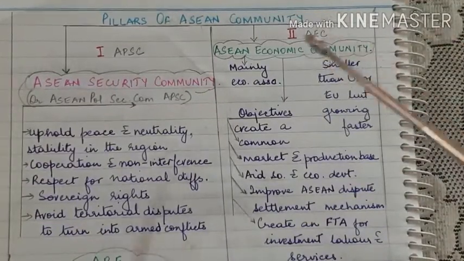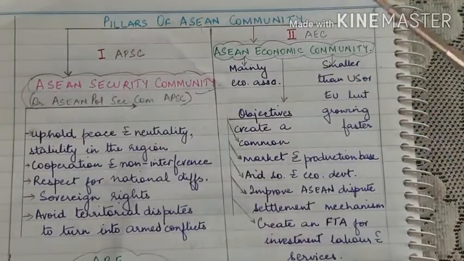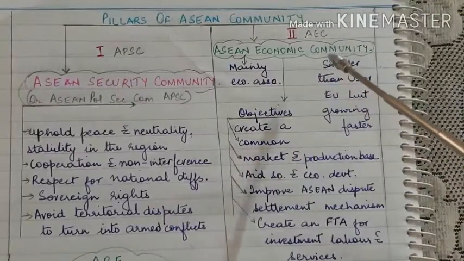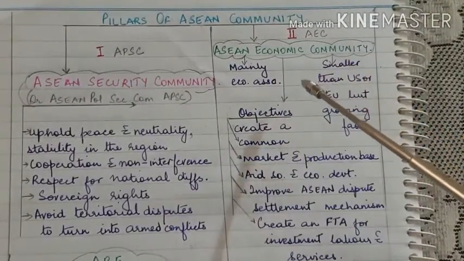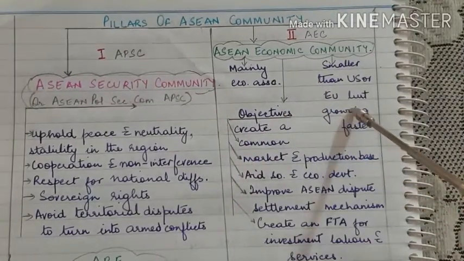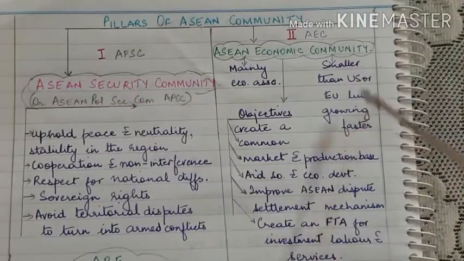Our second pillar is the ASEAN Economic Community. We know that mainly it was formed as an economic organization. Its economy is less developed than that of the United States and European Union, but still it is a fast growing economy. It is smaller than the US or EU, but it is a very fast growing economy.